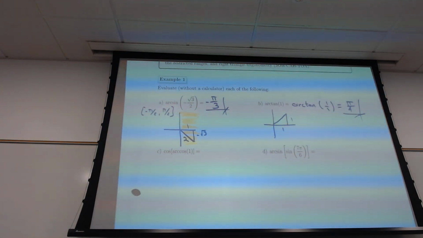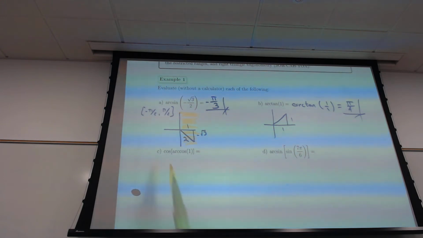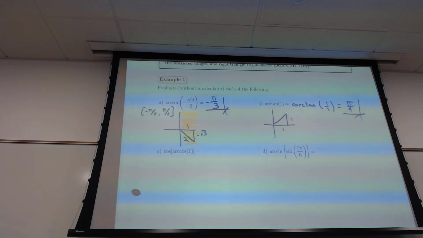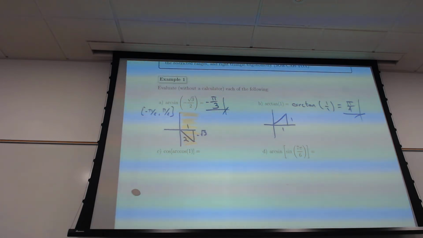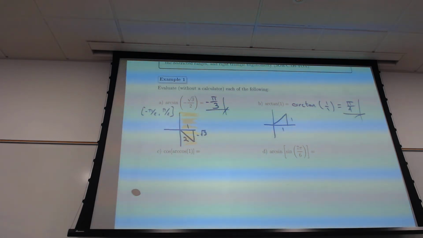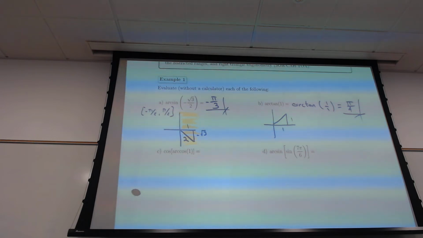Can we simply cancel these ones? Number one, what is arc cosine of 1? What angle has a cosine equal to 1? 0. Cosine of 0 is 1, yes.